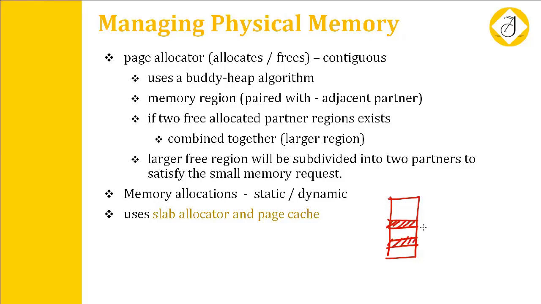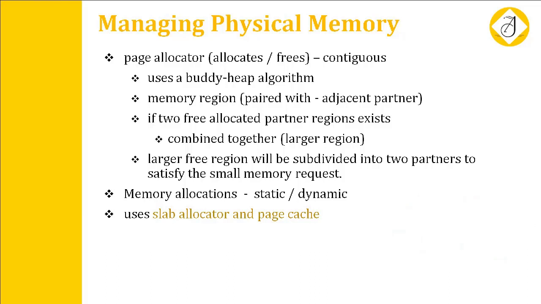Using this buddy heap algorithm, you can combine these two pages into a single unit. So this is called the partner region. Whenever two allocated partner regions are both freed up, then they are combined together to form a larger region.